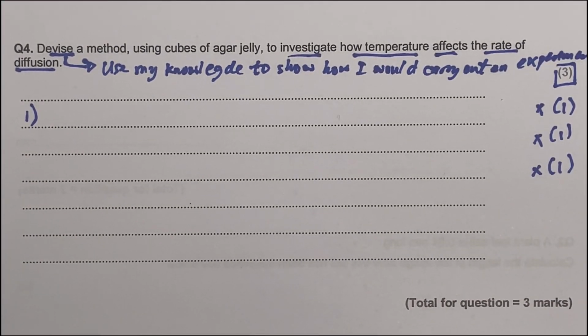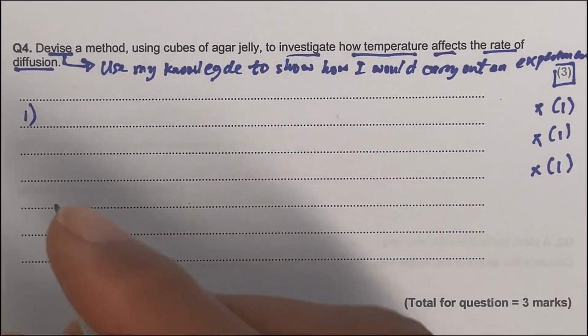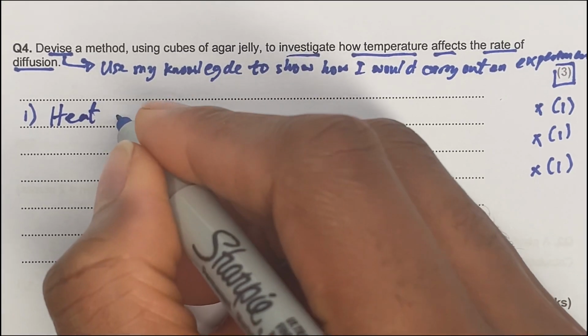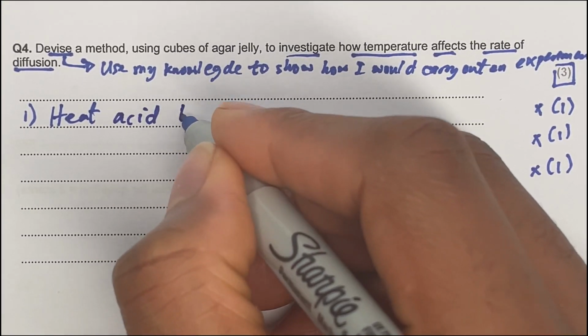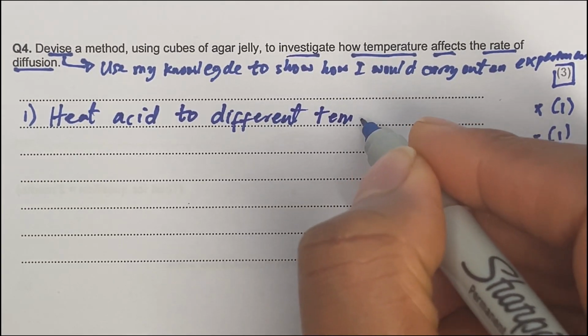So if I'm going to use temperature, I need to work at different temperatures to find out if the rate is slower in a reduced temperature or if it's faster in a high temperature. So I need different temperatures. So my first step would be heat acid, because I need to use an acid, to different temperatures.